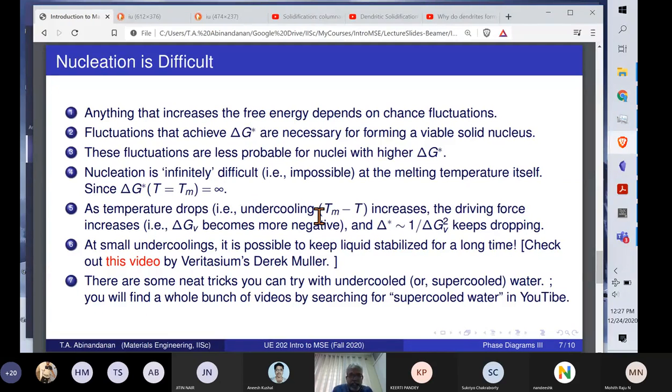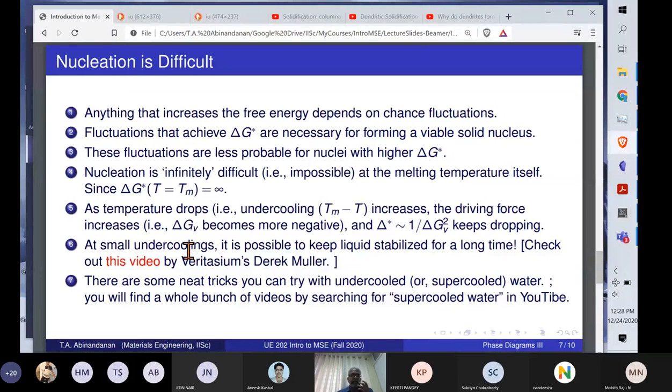But technically, the term that one uses is undercooling, which is defined as Tm minus T. As this undercooling increases, or as temperature drops, the driving force definitely increases. That means delta G sub V, the driving force per unit volume, becomes more negative. And therefore delta G star keeps dropping, and we make nucleation more and more probable at larger and larger undercoolings.